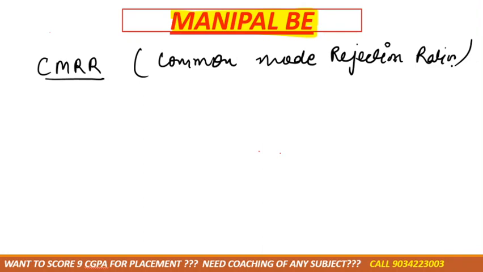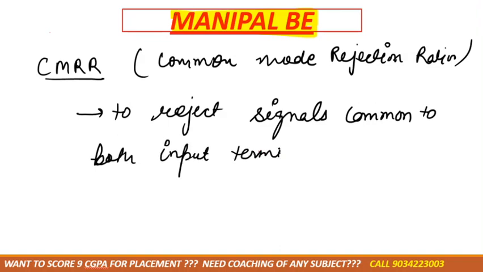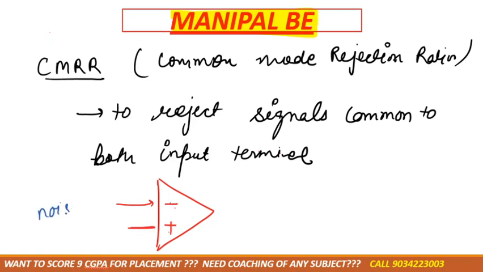They are saying that it means the ability of the op-amp to reject signals common to both input terminals. Basically, the signal common to both the inputs is generally noise.